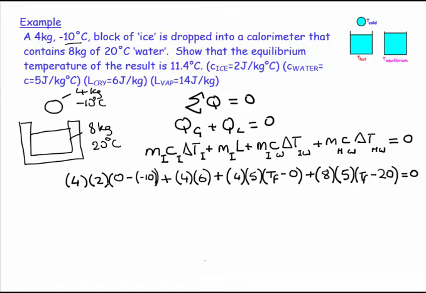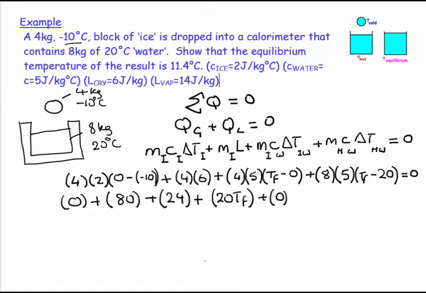So this is going to be 8 times 0 is 0, plus 8 times minus 8 times plus 10 is 80, plus positive 24, plus 5 4s are 20, 20 TF, and while we're at it, let's put down 20 times 0, doesn't matter, minus 0, positive 0, makes no difference about that sign, and then 40 TF, and then minus, plus, minus 40 times minus 20 is minus 800.